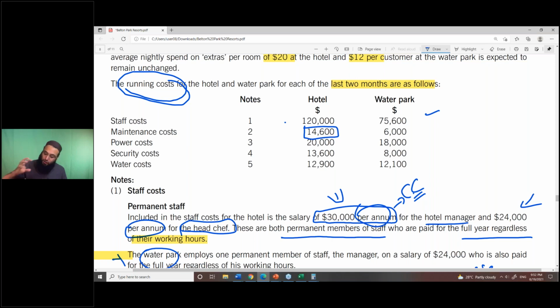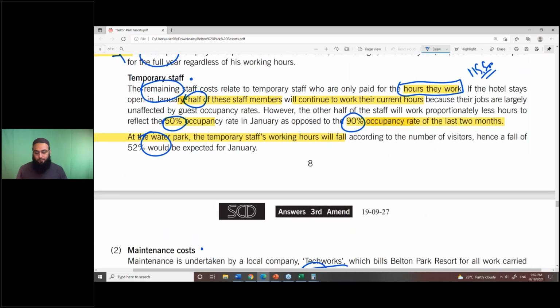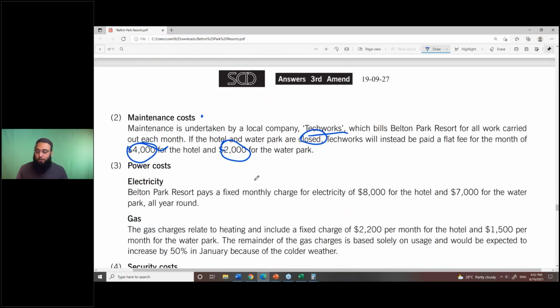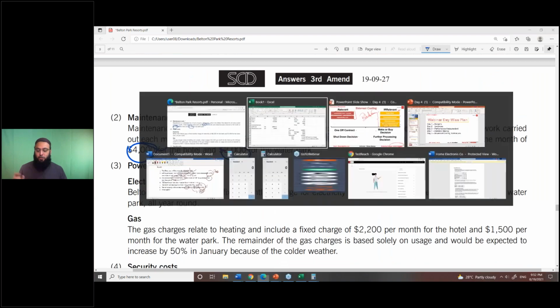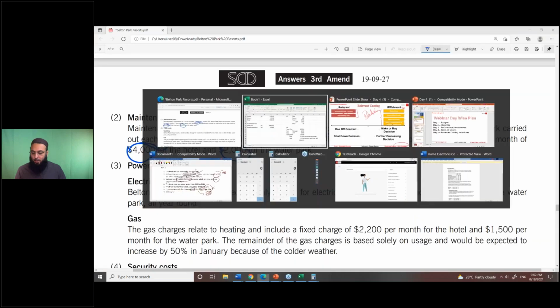So the additional that I'm incurring just because I'm keeping it open is 10,600, because it's an incremental cost, right? So that's for hotel. I hope no issue in this one as well. If you have, just note it down. We'll come back again and we'll answer all your queries then.